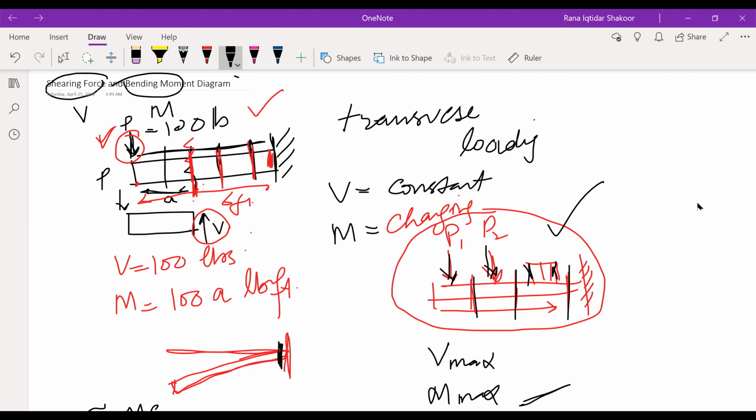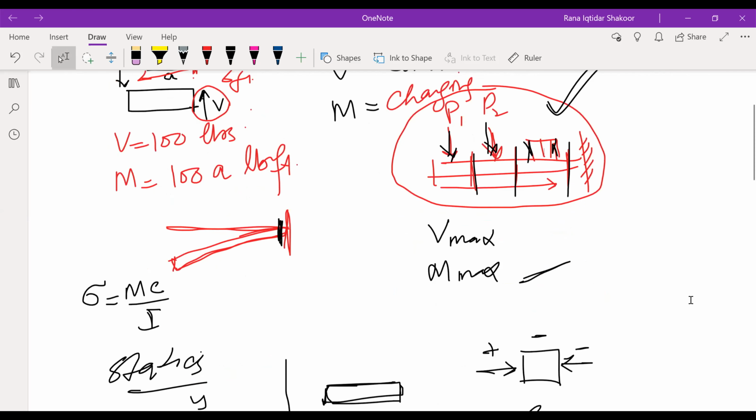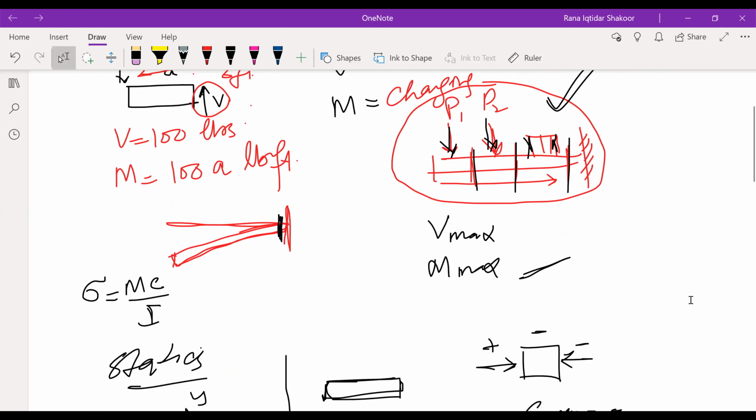So the shearing force and bending moment diagram will be telling us the V max and the M max values. At which particular point the shearing force is maximum, and at what particular point the moment is maximum. Obviously when the moment is maximum, and we know that sigma is Mc over I, sigma will be maximum, meaning normal stress will be maximum there.